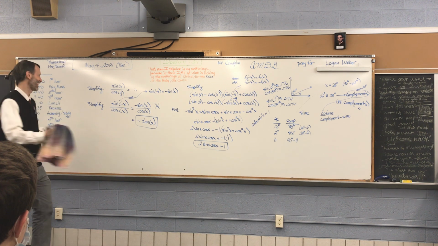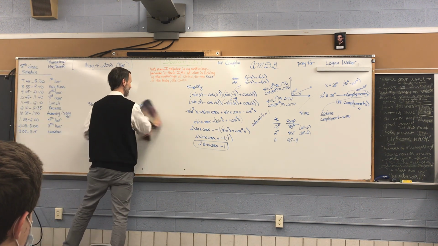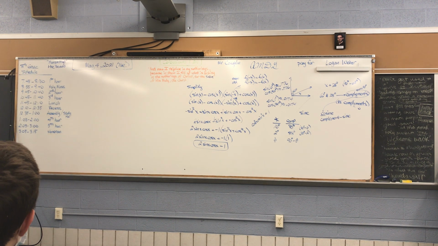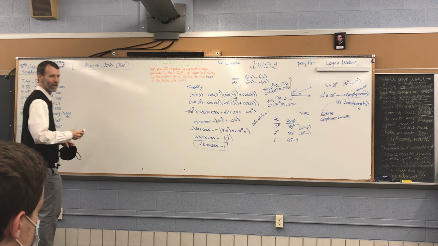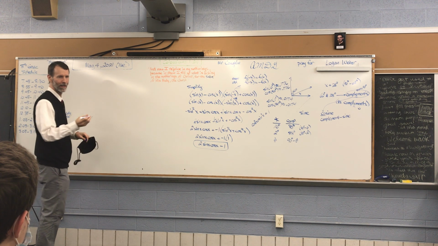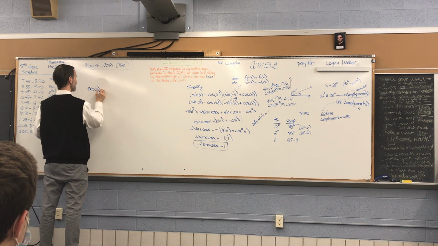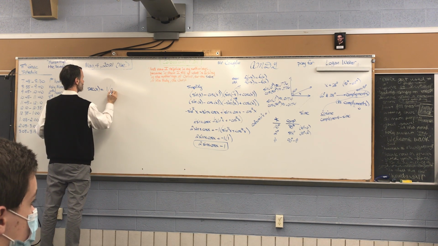It's not there. You don't have one. There is no such thing as a secant key. How do you find secant? What is secant? You do 1 over cosine. There's no such thing as a secant key because you do 1 divided by cosine.